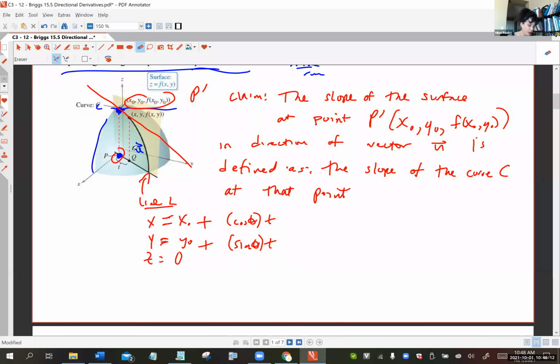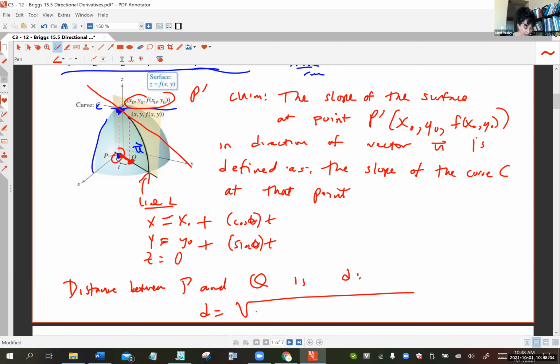So now what? Well, if we pick a different point on this line, Q, and we look at the distance between P and Q, that's going to be our run. So we're trying to do rise over run here. So the distance between P and Q on that line is D, and we're just going to use the distance formula in 2D. You know, x minus x naught squared.